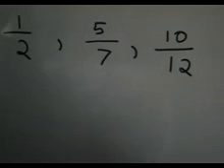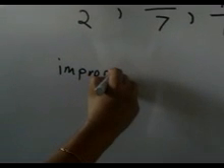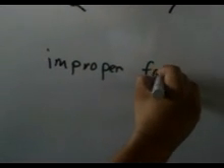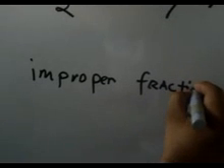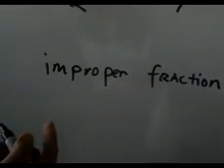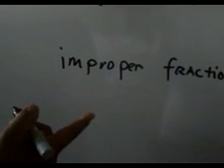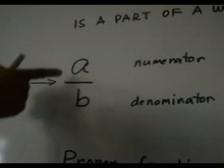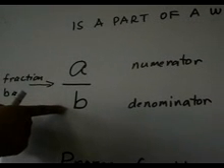The second type of fraction is your improper fraction. What is an improper fraction? An improper fraction is a fraction whose numerator is greater than the denominator.